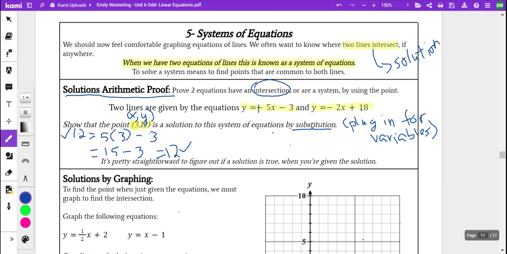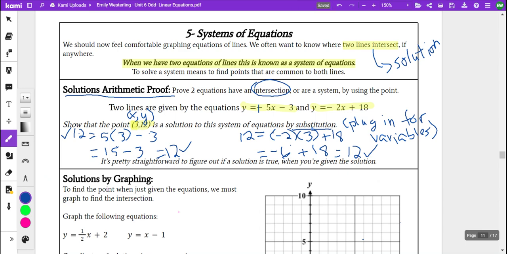The second one is 12 equals negative 2 times x, which is 3, plus 18. Negative 2 times 3 is negative 6, plus 18. That's equal to 12 also. We're all good. That wasn't too bad, right?